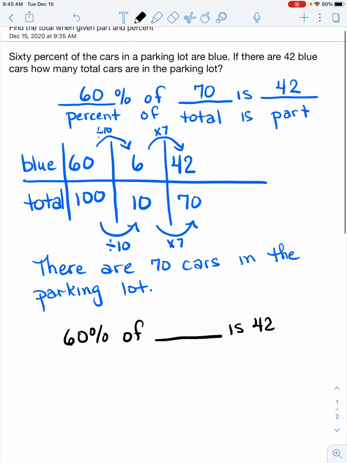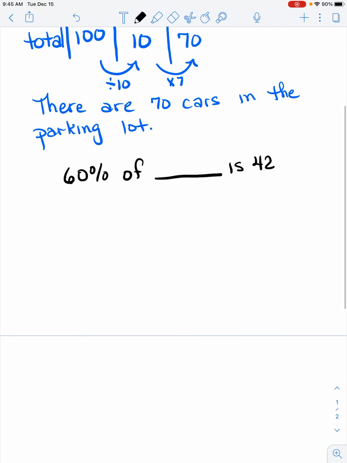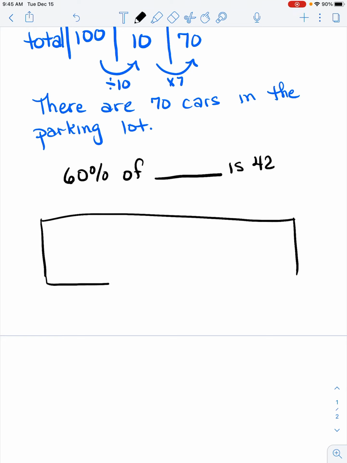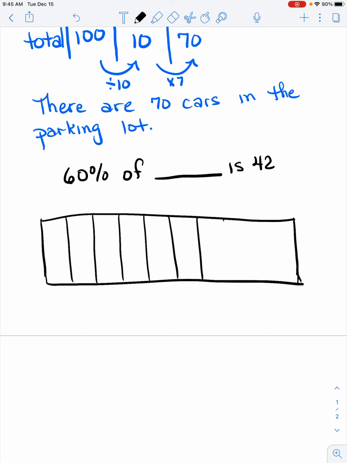We're going to make our bar model the same way as we would if we were looking for the part. We're going to divide it into 10 pieces. In this case, we don't know what the total is. So that's going to be our answer.